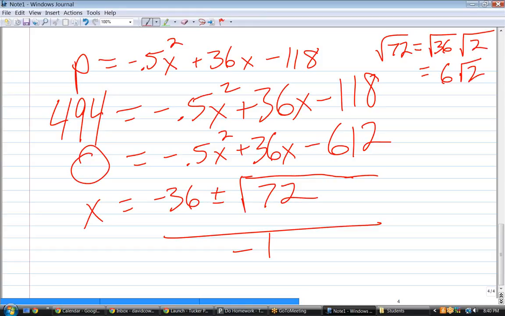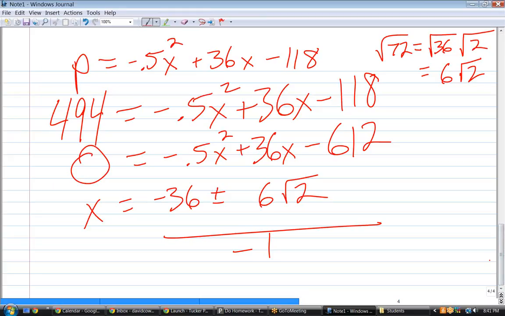Therefore, the square root of 36 is 6. Get it? What's the square root of 25? 5. So I'm going to replace this square root of 72 with 6 root 2. Same thing.